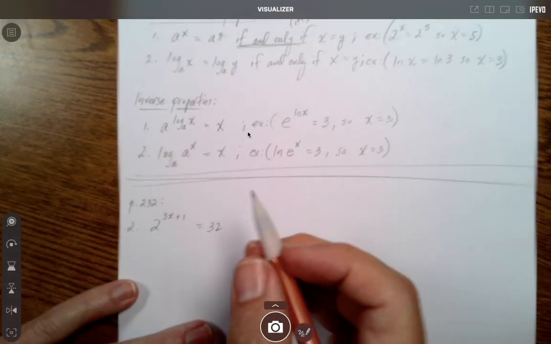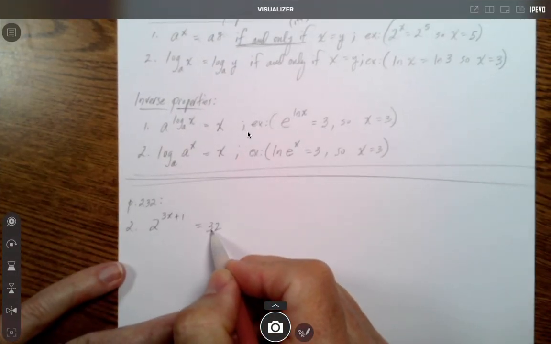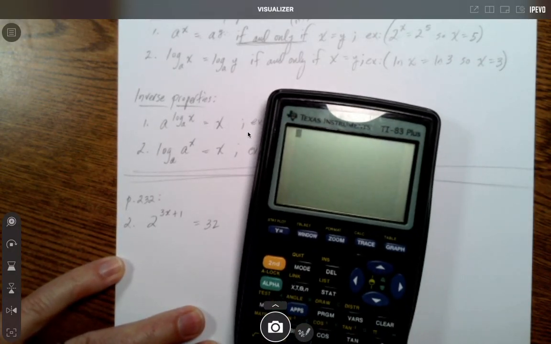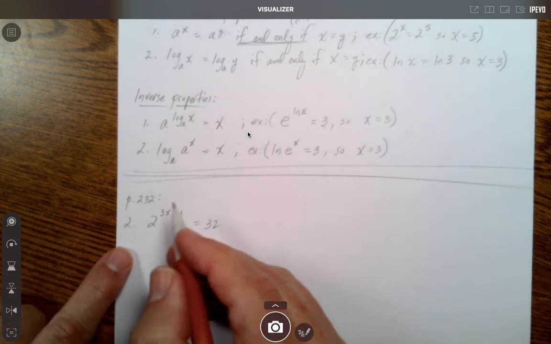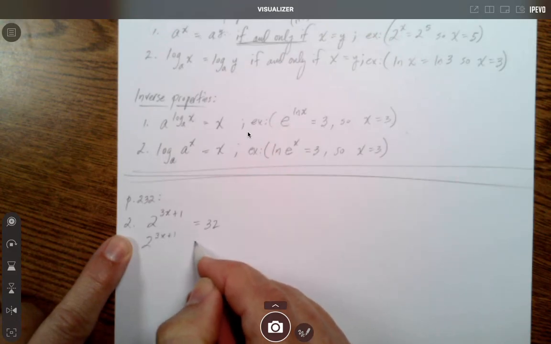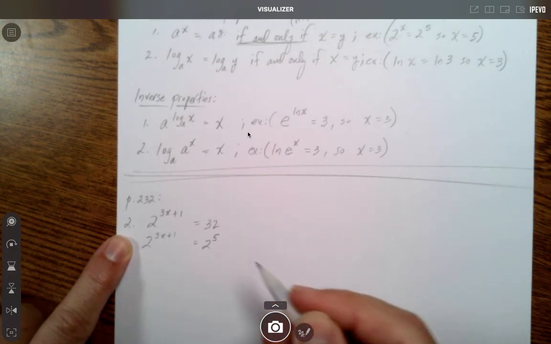All right, so I know that 32 is just 2 to the 5th power, right? Let me just remind you that 2 raised to the 5th power is 32. So I can replace 32 with 2 to the 5th power. So this would be 2 to the 3x plus 1 equals 2 to the 5th power.